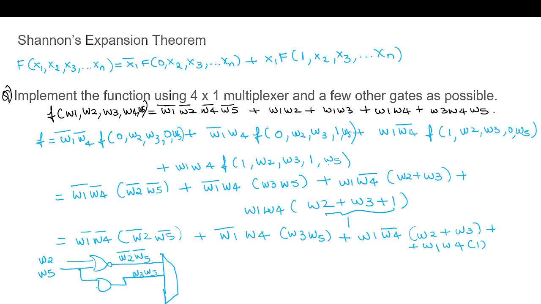So W5, W3, and next is W2 plus W3, and this is one, and this is our F. What are the select lines? W1, W1. In this way, we can implement any logic expression using the given multiplexer, using the Shannon expansion theorem.